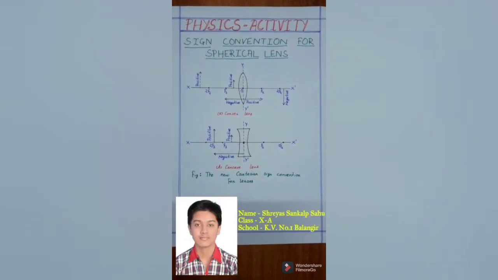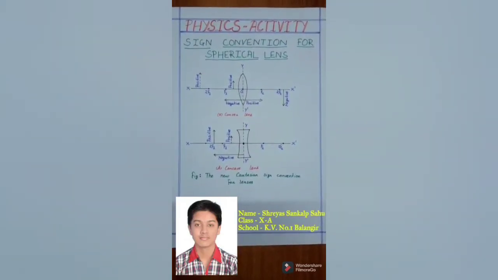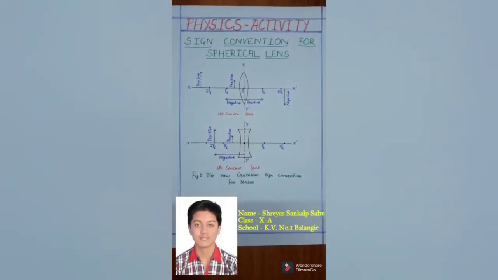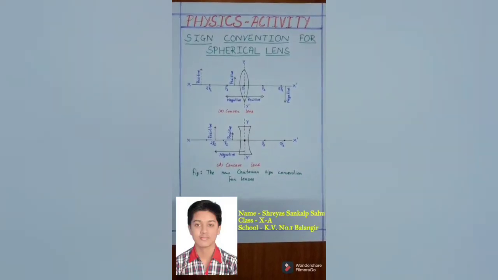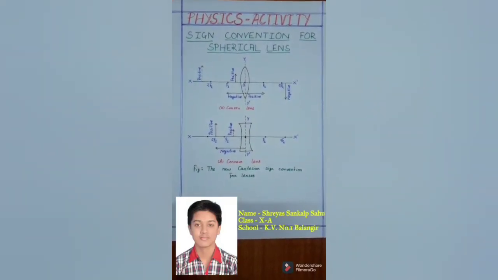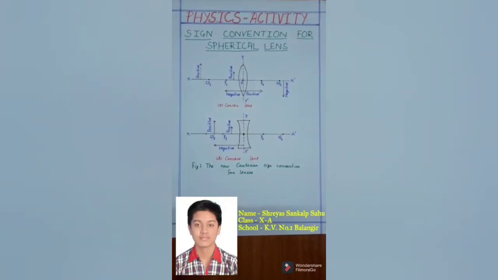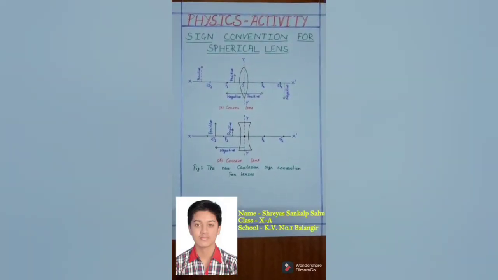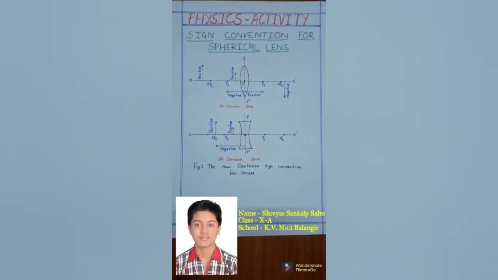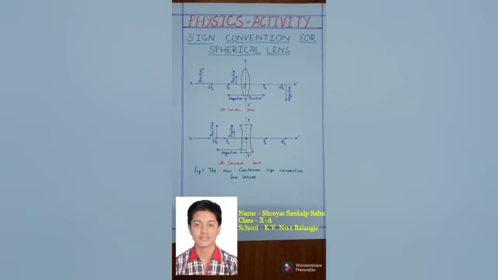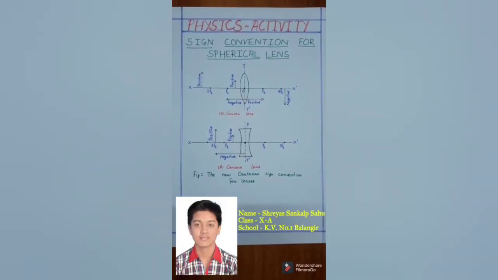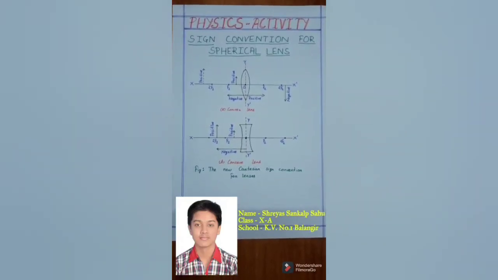All the distances measured from the optical center of the lens to the right side will be considered positive, because they are in the same direction as the incident light. On the other hand, all the distances measured from the optical center of the lens to the left side are considered negative. Why? Because they are measured against the direction of incident light.